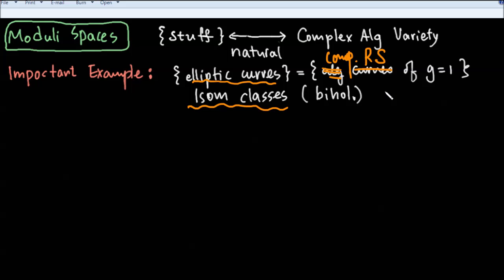Okay, they can be holomorphically mapped to a constant curvature, in this case constant curvature 0, but this is our class there. So I'm going to denote it like this. Elliptic curve, that's another name for this Riemann surface of genus 1, and this is isomorphism classes.